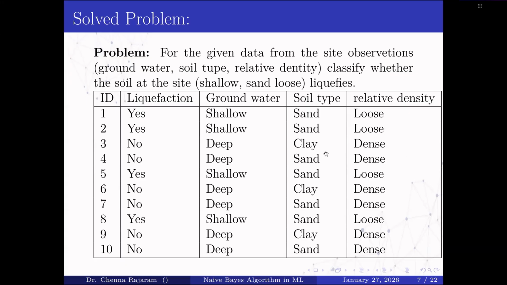Now with this data, first we need to calculate the probability of each and every classification of groundwater, soil type, and relative density. And with that data, we have to classify the case with shallow groundwater, soil type sand, and relative density loose. With these conditions, we have to estimate whether the soil liquefies or not.